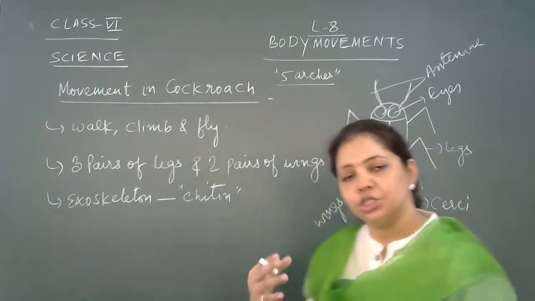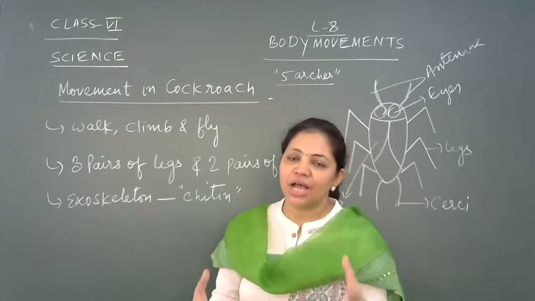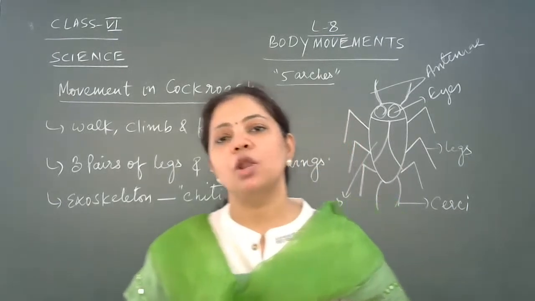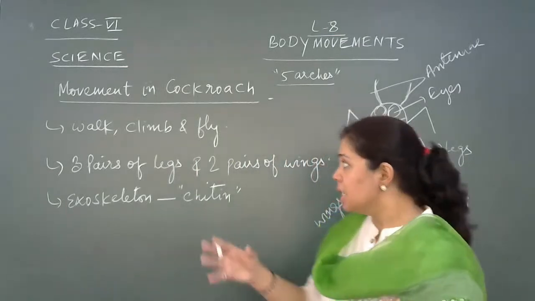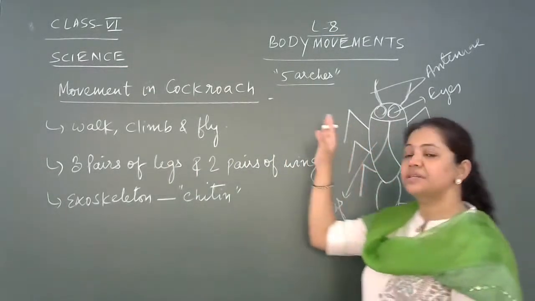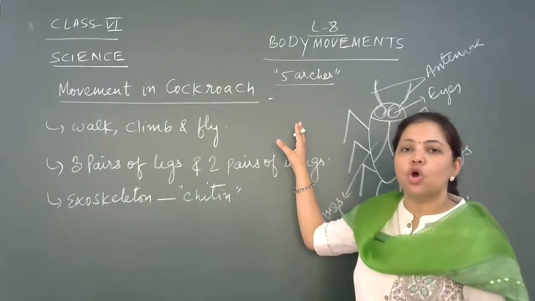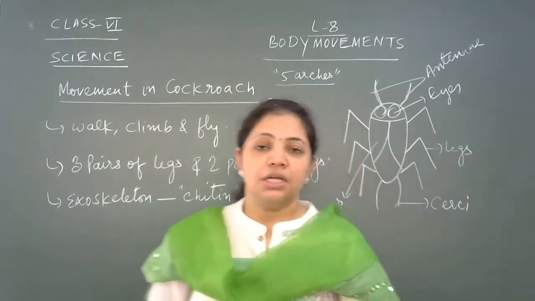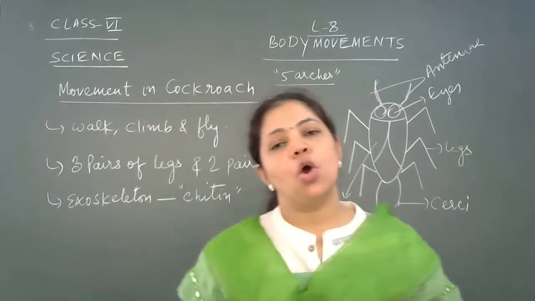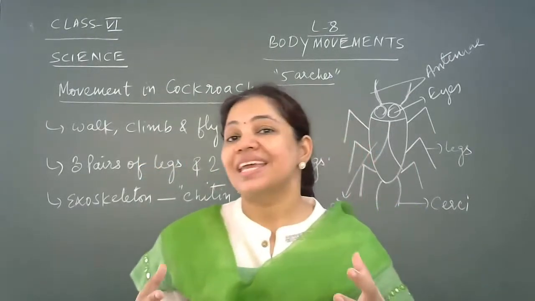Right, okay. So the 2 types of muscles which help an earthworm to perform its movement are longitudinal and circular muscles. Right. Now in today's class we will discuss how movement occurs in case of cockroach. Yes, the same cockroach which very often we see in our kitchens.